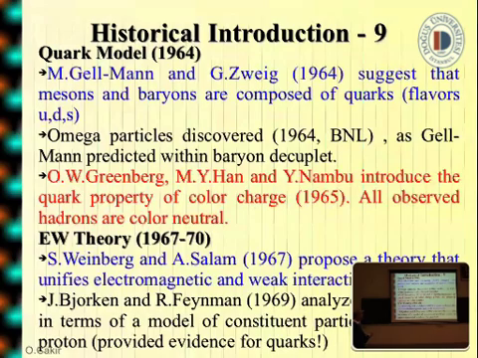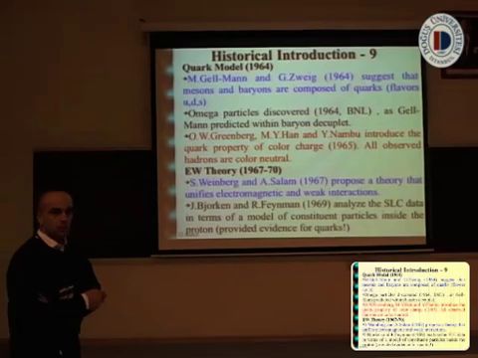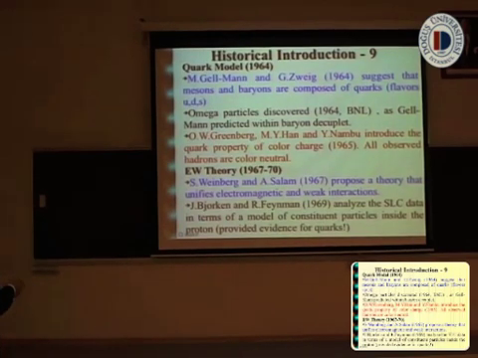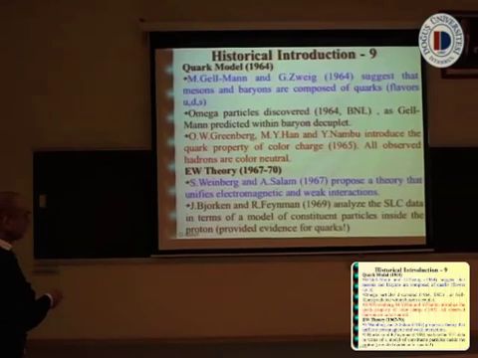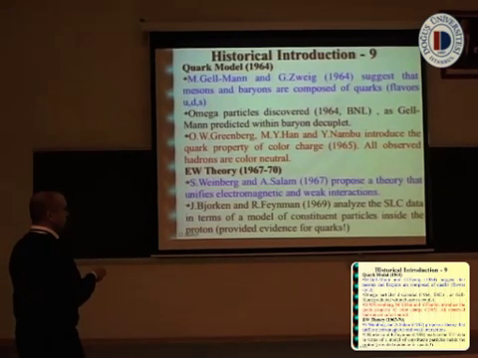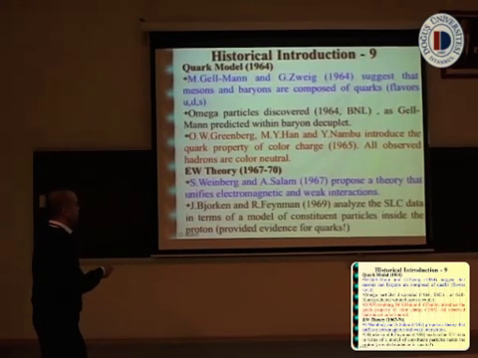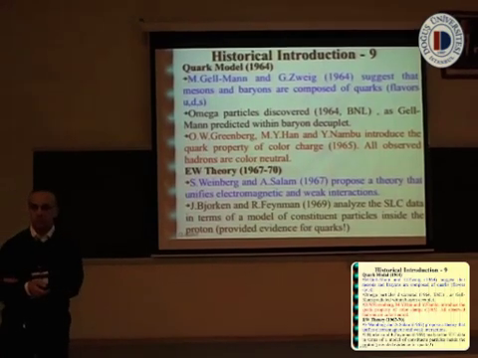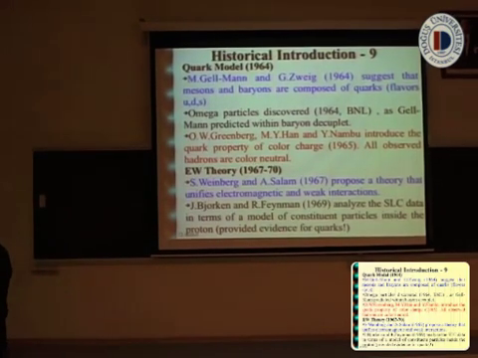And the omega particle was discovered in this year. Greenberg, Han, and Nambu introduced the quark property of color charge in 1965. And for the electroweak theory, Weinberg and Salam proposed a theory that unifies the electromagnetic interaction and the weak interaction.